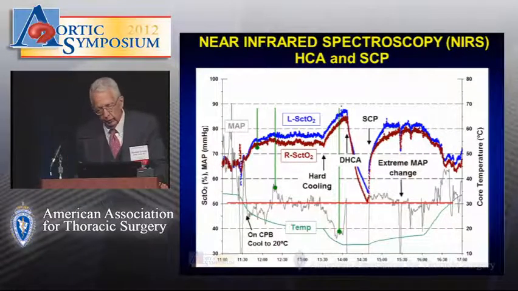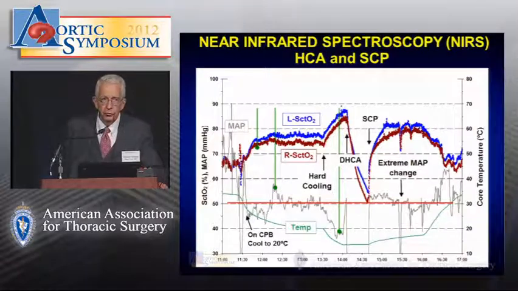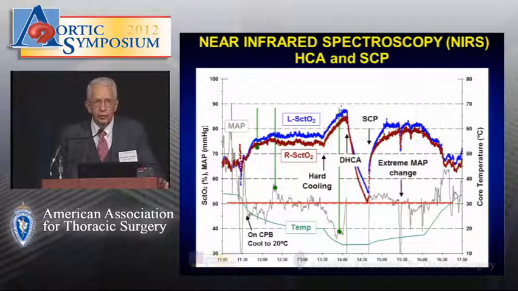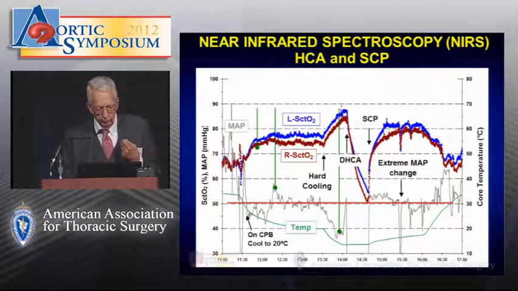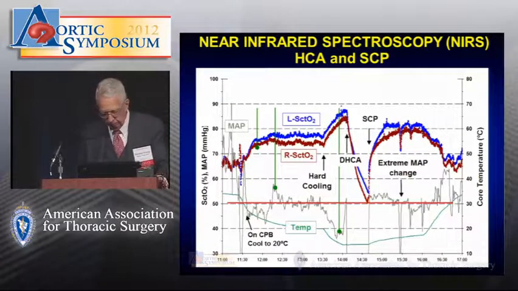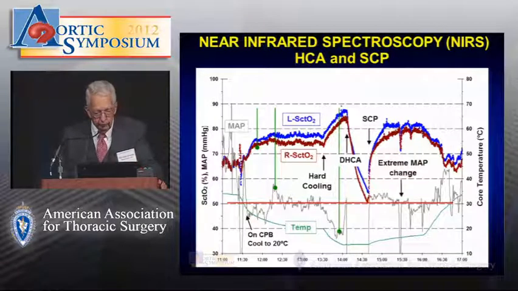There are some other observations. In the past decade or so, the use of near-infrared spectroscopy has made it possible to have some sort of monitoring of the status of the brain during circulatory arrest.